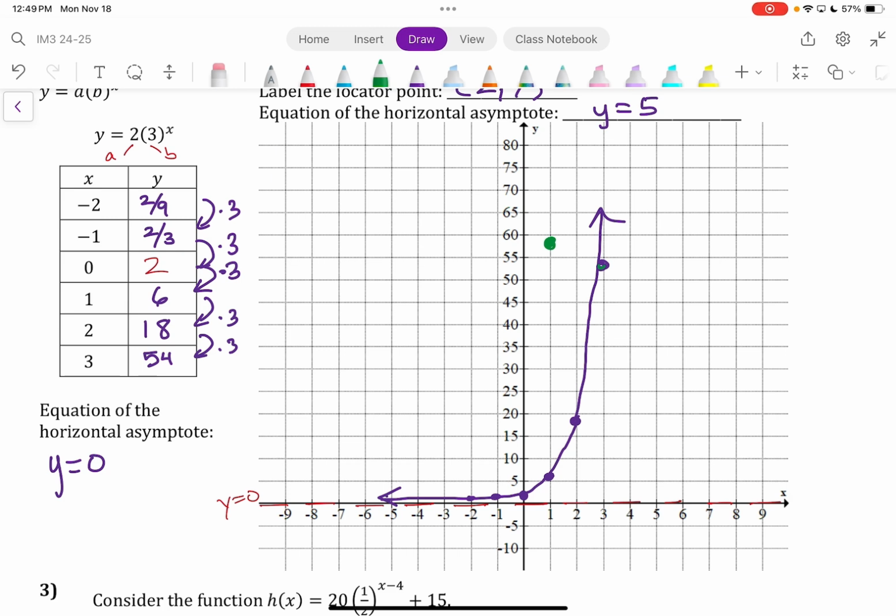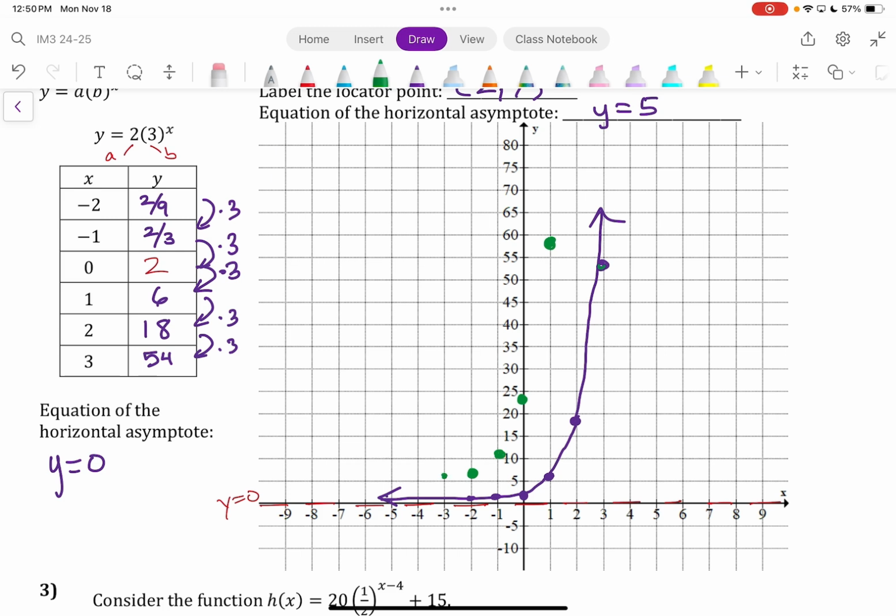This one is 2 units left and 5 units up, so about right there as well. Same for this point, and this point here. It's about right there.